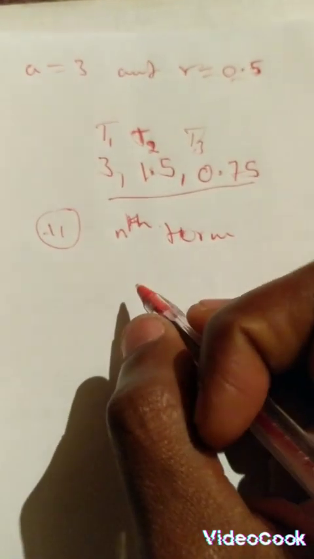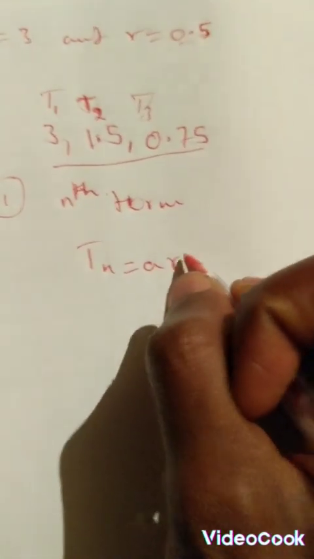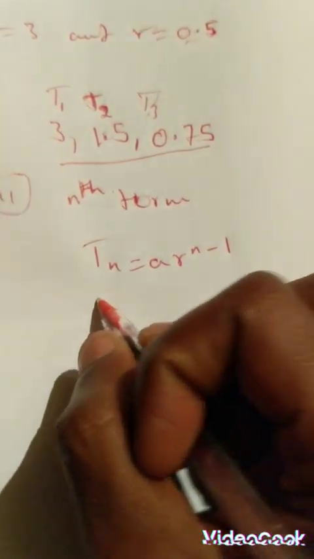For us to find the nth term, since we have our sequence and also the first term and the common ratio, we're going to introduce the formula of the nth term by saying the nth term is equal to a times r to the power n minus 1.